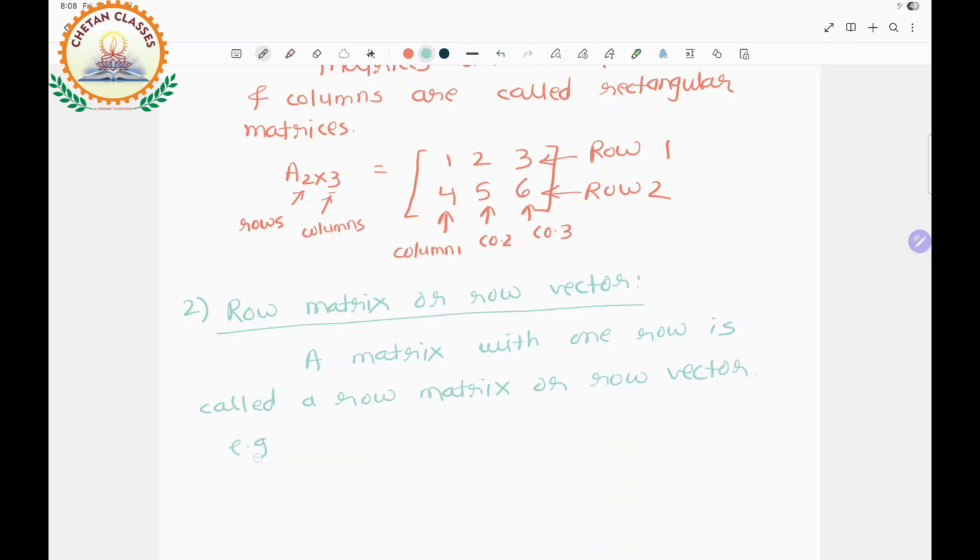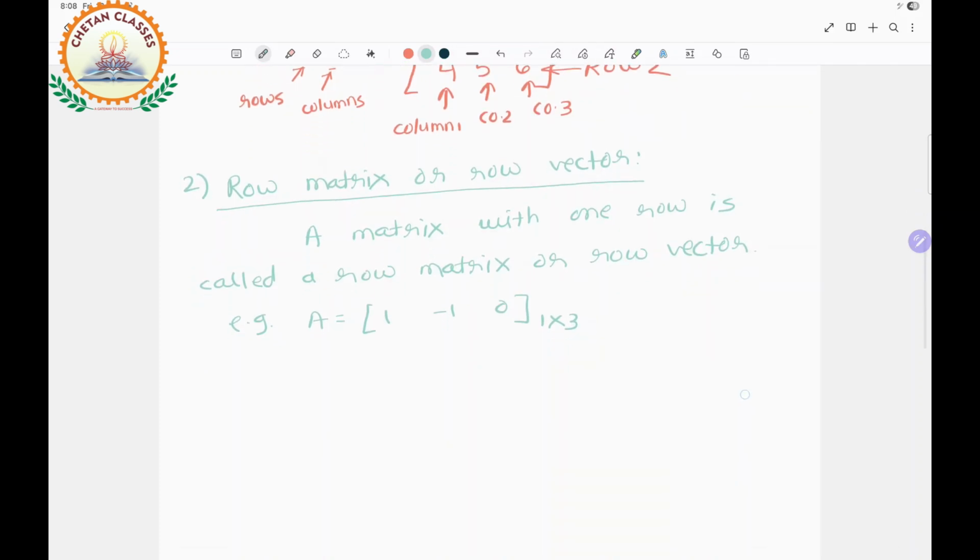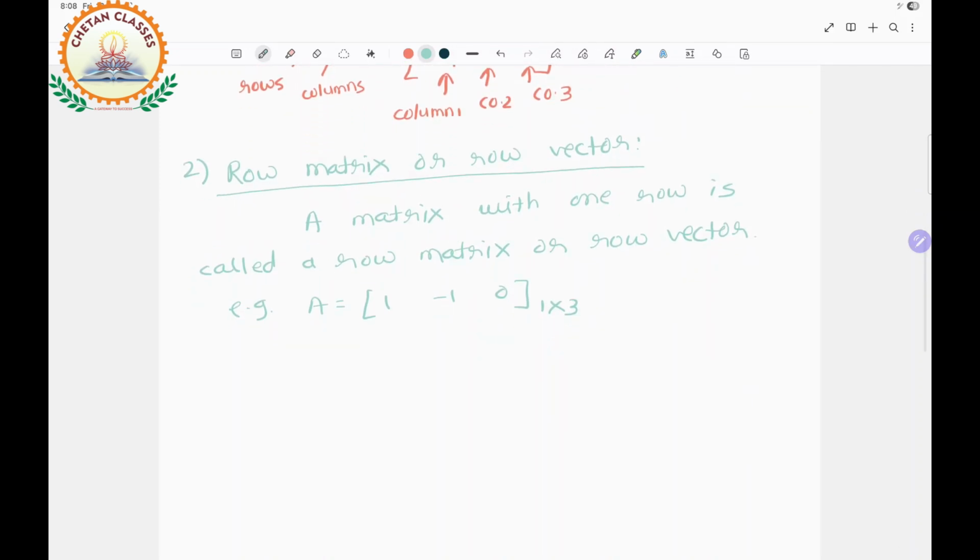For example, A is equal to 1, -1, 0. So here 1 row and 3 columns. So this is the row matrix or row vector.